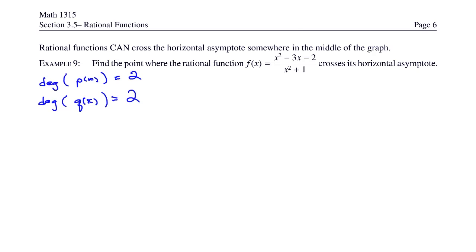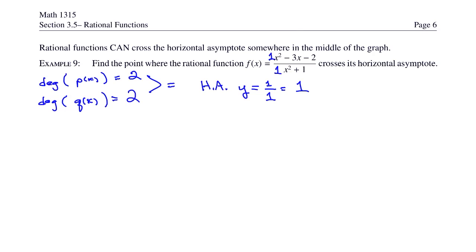Since the degrees are the same, the horizontal asymptote is y equals the ratio of the lead coefficients. We have a 1x squared on top and a 1x squared on the bottom. So that's 1 over 1, which is y equals 1. So this rational function has a horizontal asymptote of y equals 1.